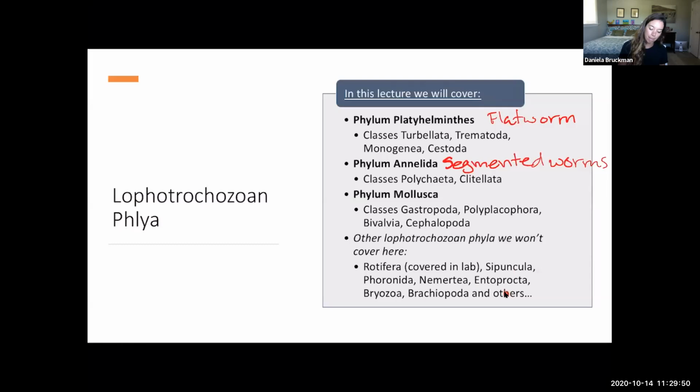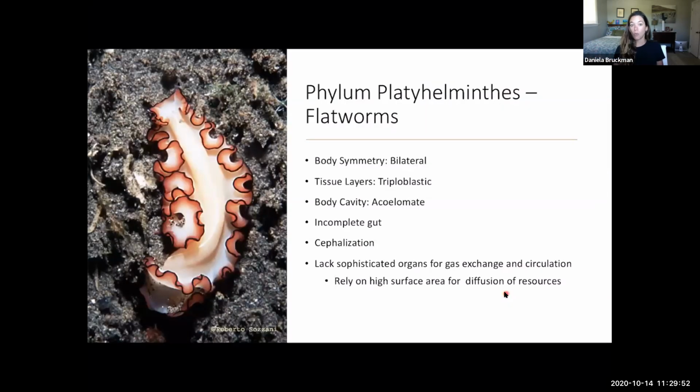All right. So we're going to begin with the phylum Platyhelminthes, which is composed of animals commonly known as flatworms, and flatworm is an appropriate name for these guys because they tend to have flattened bodies. Now, remember, we are now looking at bilaterian animals, so the body symmetry of these guys is bilateral.